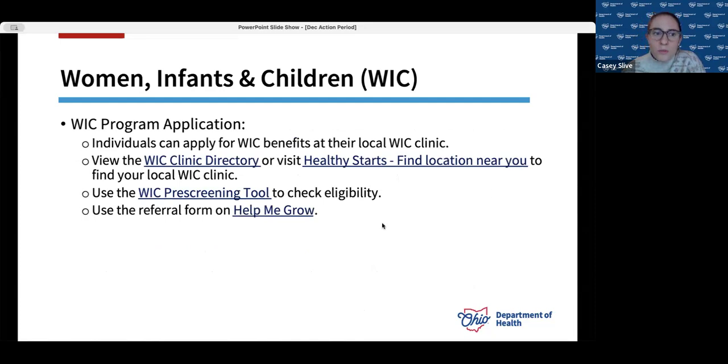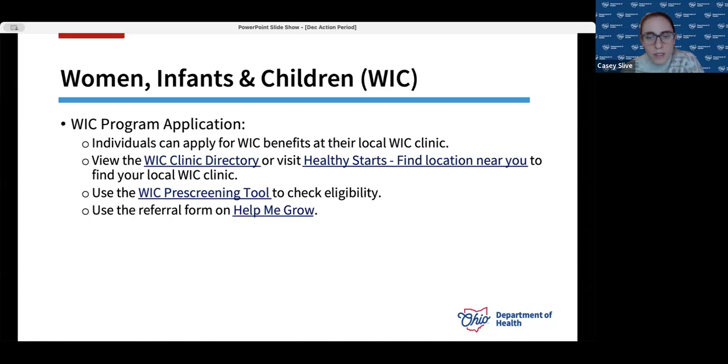In terms of referring patients, you can use the referral form on Help Me Grow, which is the last bullet there. This form can be submitted by physicians or participants for self-referral. There are several youth and children's services on the referral form, and WIC is the last one.